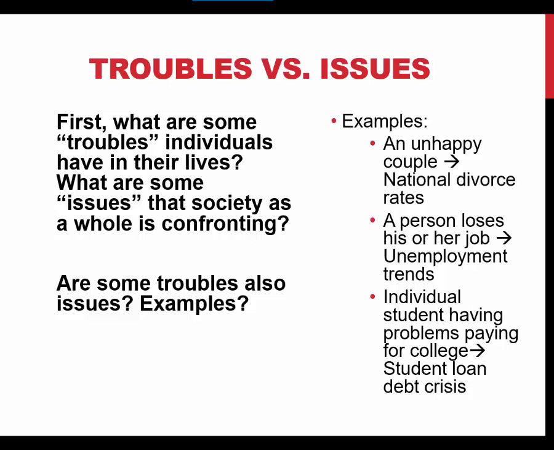So, one unhappy couple struggling and considering divorce is a trouble. But if you look at divorce rates as a whole in our society, that is suggestive of the fact that this is, in fact, an issue.